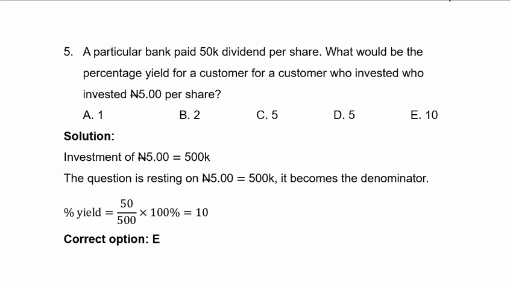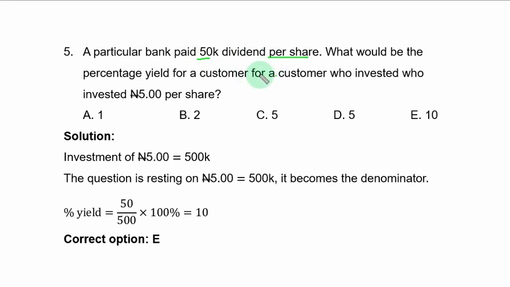Question 5. A particular bank paid 50 kobo dividend per share. What would be the percentage yield for a customer who invested 5 naira per share?